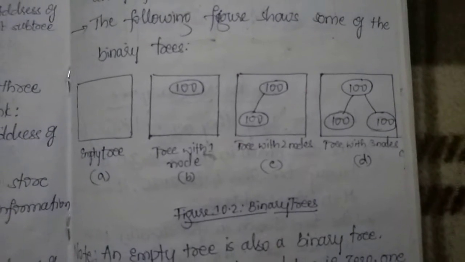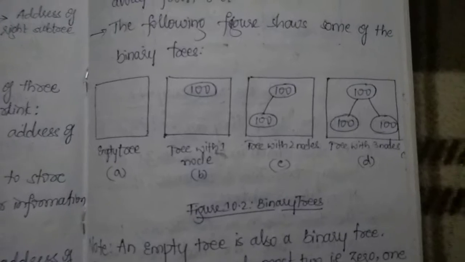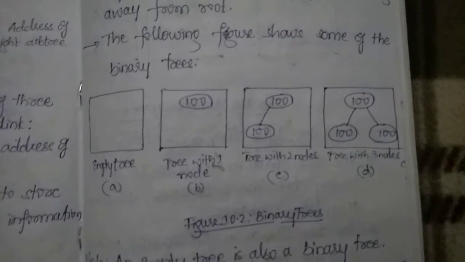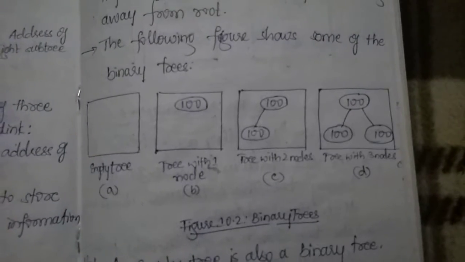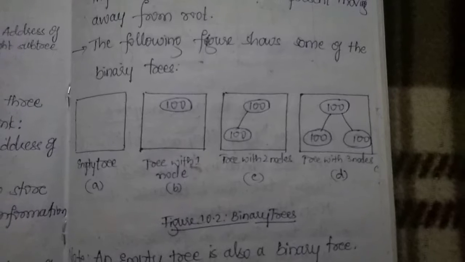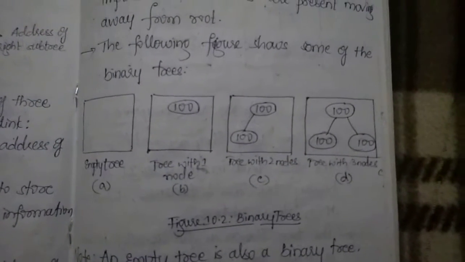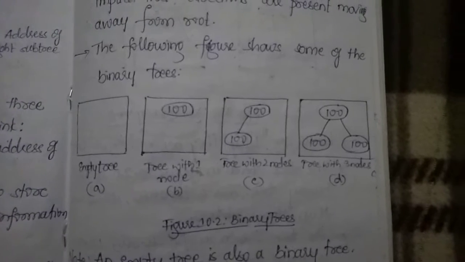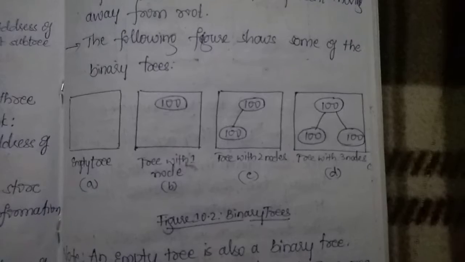Figure 10.2 represents various types of binary trees, in which figure 10.2a is an empty tree. Figure 10.2b is a tree with only 1 node as the root node. Figure 10.2c has 2 nodes. Figure 10.2d has 3 nodes.